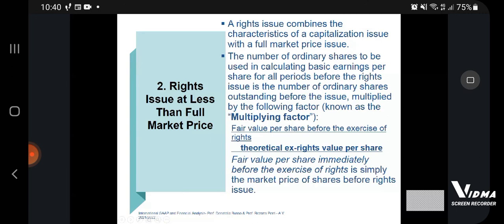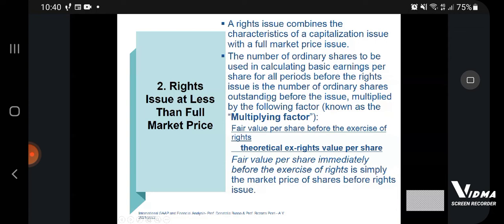The number of ordinary shares that we use to calculate basic earnings per share is the number of ordinary shares before the issue multiplied by a factor which in case of rights issue is not called bonus factor anymore, but it's called the multiplying factor. It's known with this name.